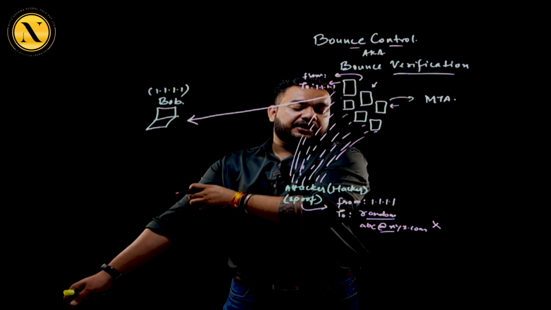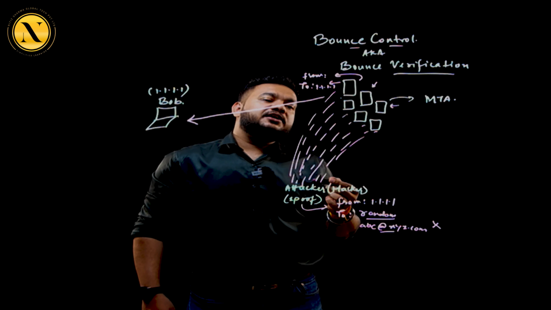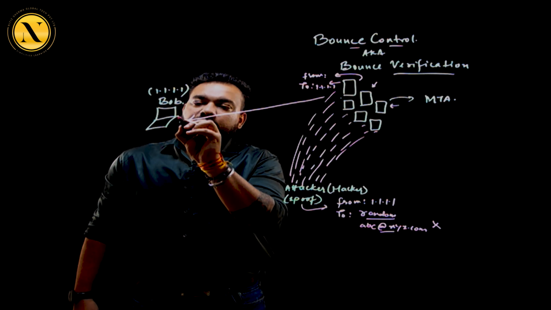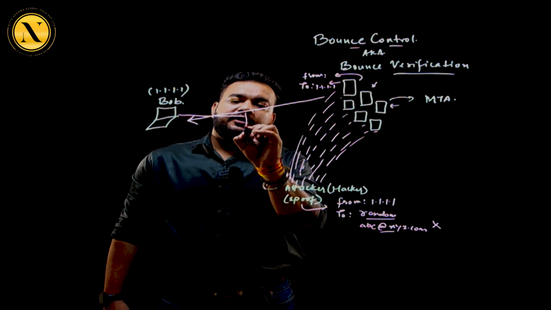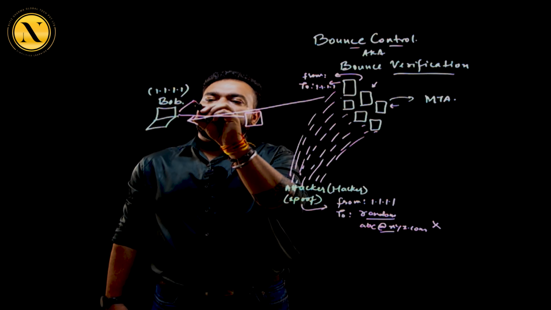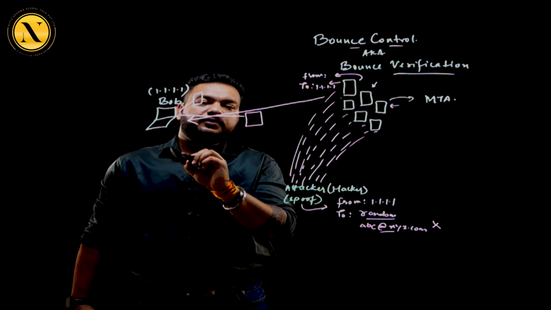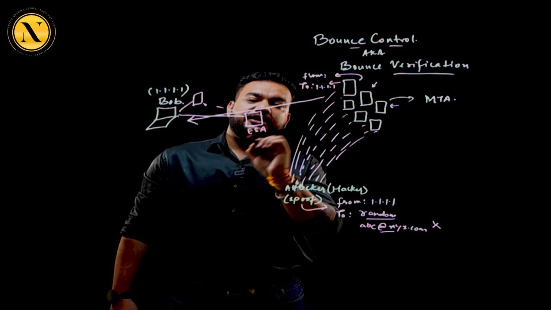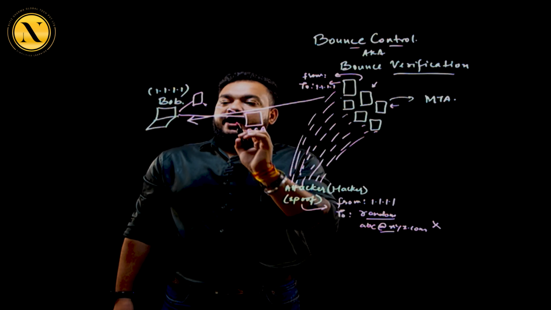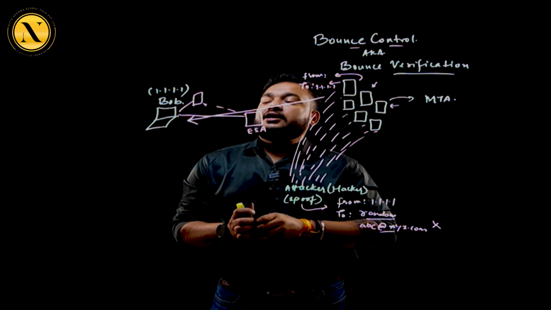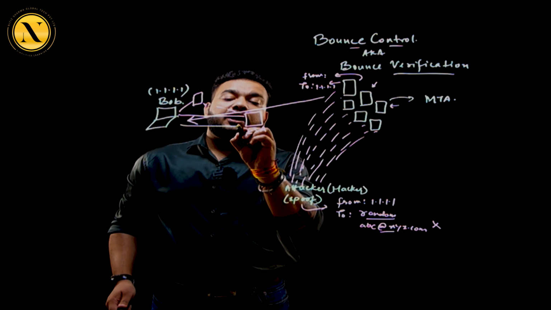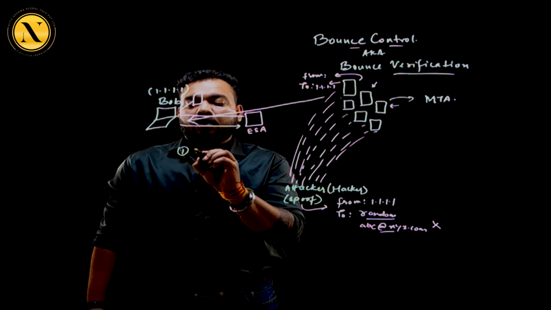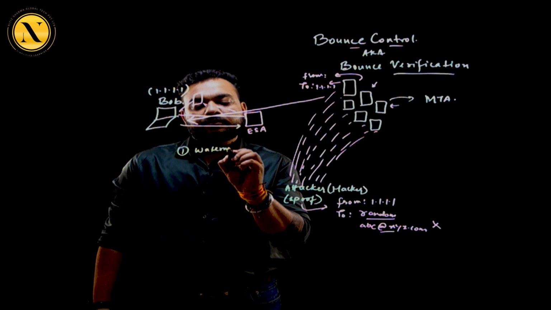Now let's try to understand what verification the ESA is going to do. So let's say my Bob is connected, or rather the exchange server of Bob. There will be an exchange server to which the client will be connected, and that exchange server is connected to my email security appliance, ESA. And what is ESA going to do? Every email which Bob is sending to the outside world, first of all, ESA is going to add a watermark.